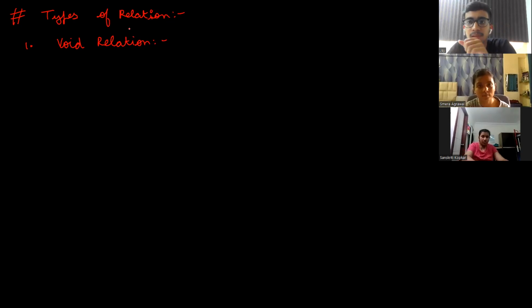Now, as the name suggests, कि इस relation में there are like no element. ठीक है? So let's take the example of this class. ठीक है? तो Smera and Sanskriti are the students in this class. Can you make a relation which has no elements in it?